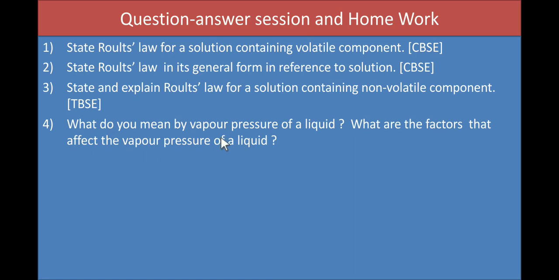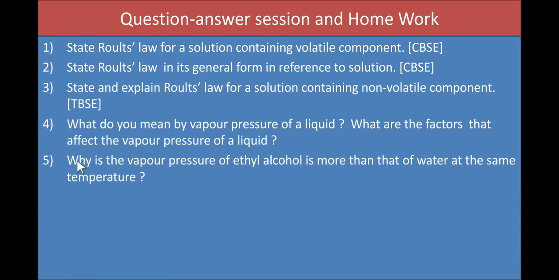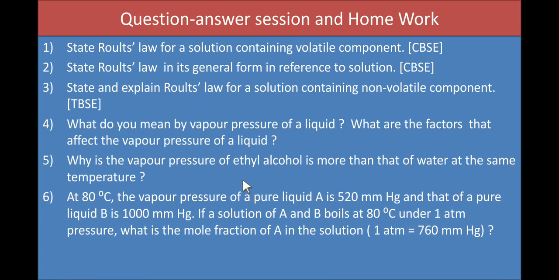What do you mean by vapor pressure of a liquid? What are the factors that affect the vapor pressure of a liquid? Why is the vapor pressure of ethyl alcohol more than that of water at the same temperature? At 80 degrees C, the vapor pressure of a pure liquid A is 520 mmHg and that of a pure liquid B is 1000 mmHg.